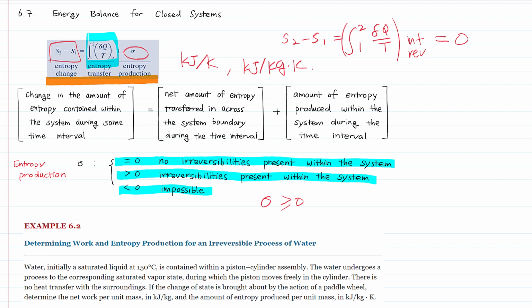So we try to minimize the entropy production to have a more efficient system. Or if the system requires work, the presence of irreversibilities will cause the required work input to be larger. So we need to minimize the entropy production.